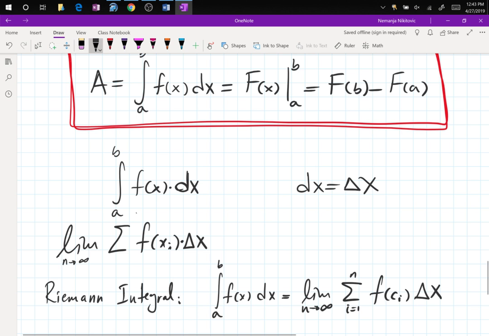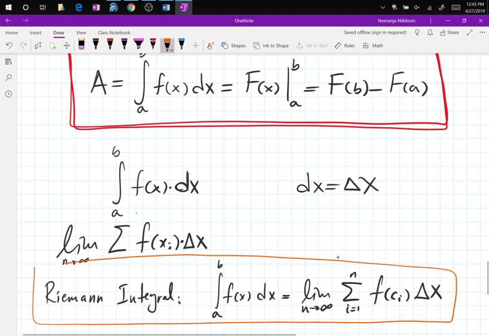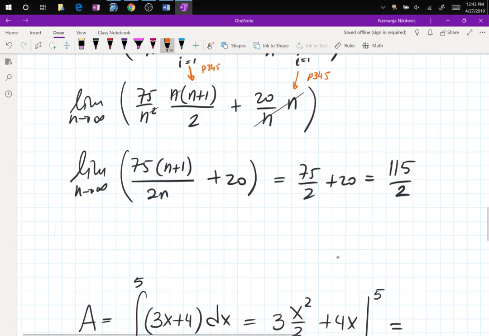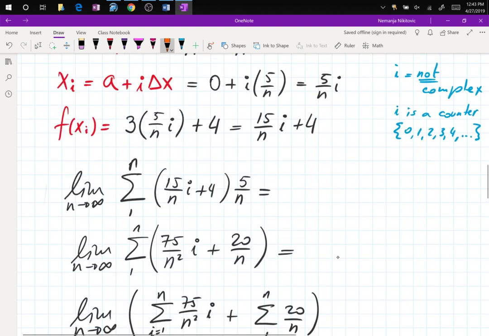It's called the Riemann integral. And the calculation for the Riemann integral is all of this stuff here.